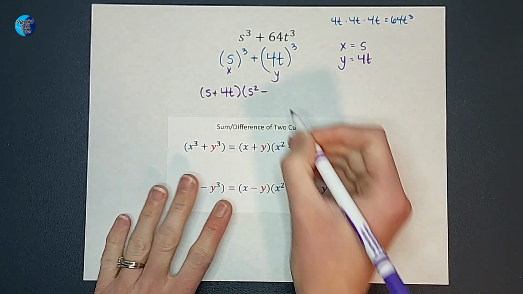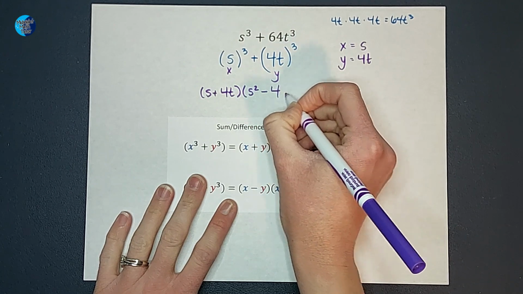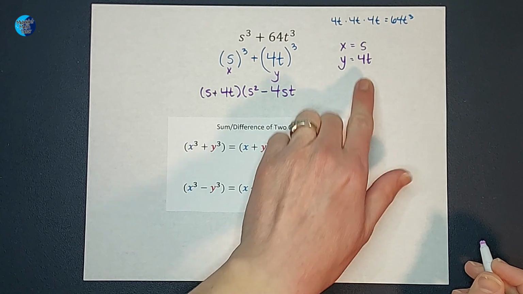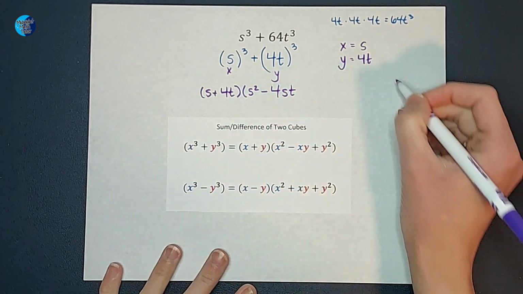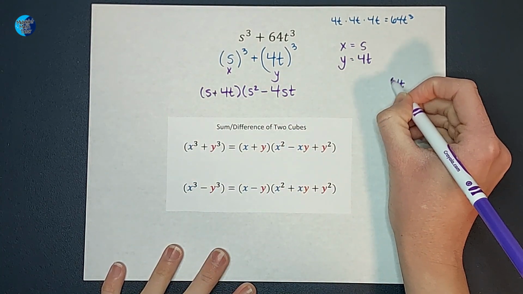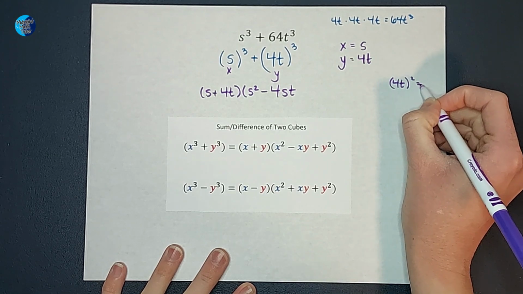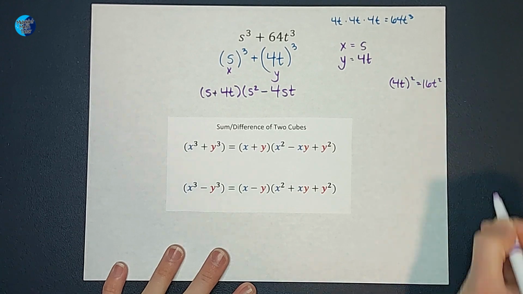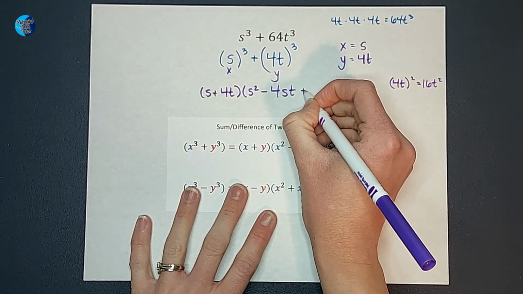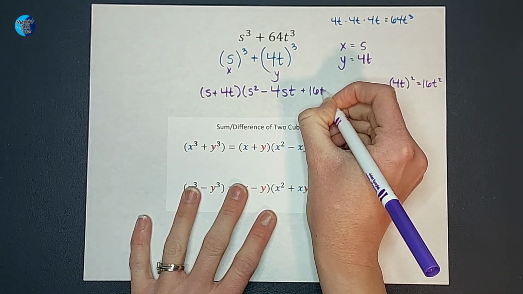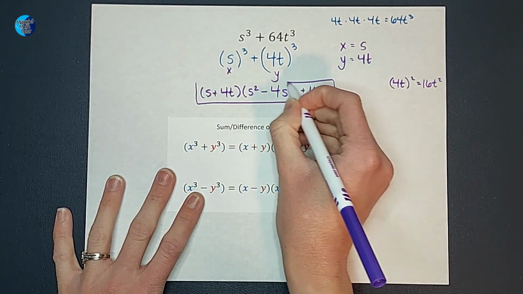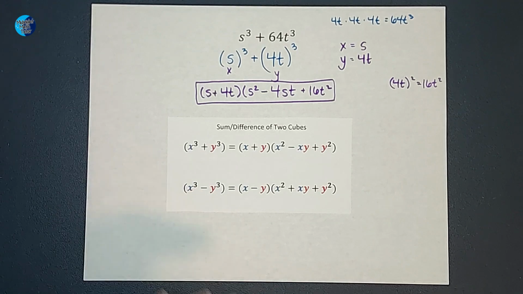I'm going to write that as 4st, plus y squared, which we have 4t. When I square 4t, I'm going to get 4 times 4 is 16, and t squared is t squared. So plus 16t squared. And look at that. We are factored, ladies and gentlemen.